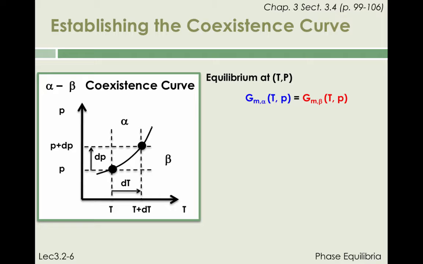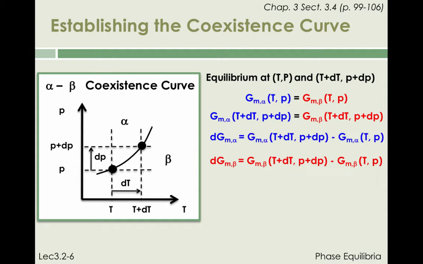Equilibrium in this new state is expressed as Gm alpha at T plus dT and P plus dP equal to Gm beta at T plus dT and P plus dP. We can now define dGm alpha and dGm beta as the changes in molar Gibbs energy for the alpha phase and the beta phase as a result of the temperature and pressure changes.